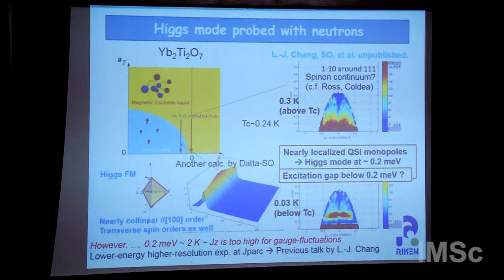Then we see gapless excitations, probably composed of a mixture of almost gapless spin excitations and gauge excitations. But below TC, we see a sharp mode at around 0.2 meV, which is not really dispersive. Probably this could be a Higgs mode.